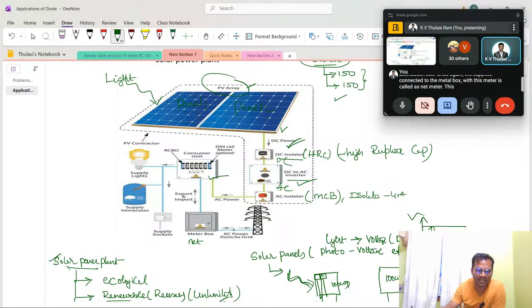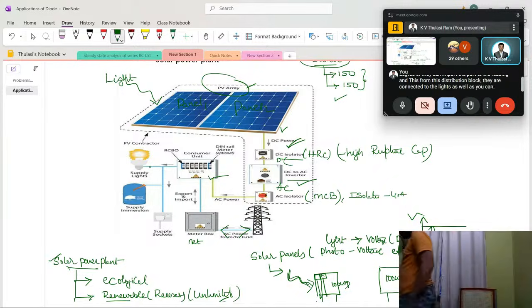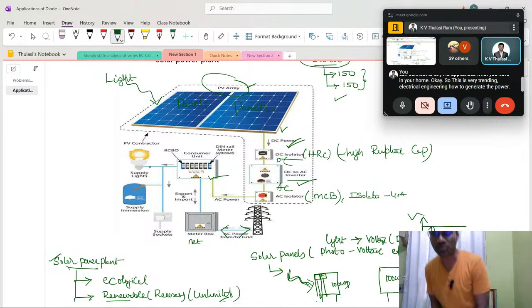This meter can export power to the grid or import power from the grid. From this distribution box, they are connected to the lights, and you can connect a fan, a tube light, or any AC appliances you have in your home. Okay, so this is very trending in electrical engineering, how to generate power using solar energy.